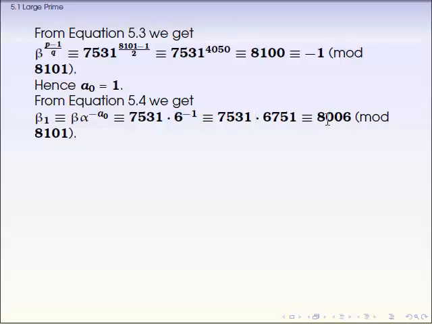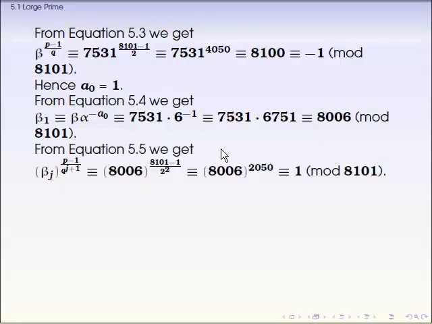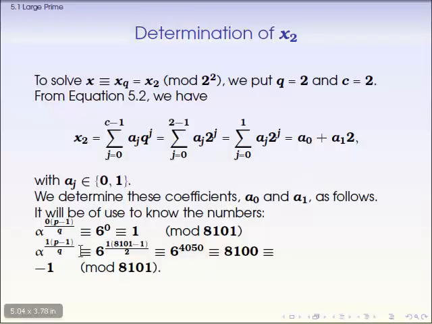So it becomes 8006, right? Then plug that in for beta 1 to calculate this, and it becomes 1 finally. Therefore our a1 must be 0, because we get 1 when a is 0, right?